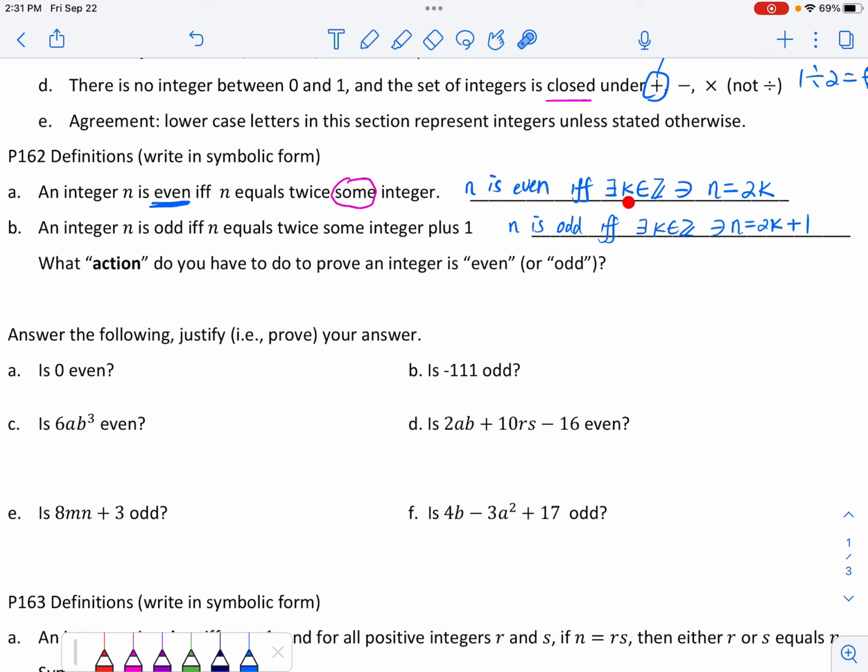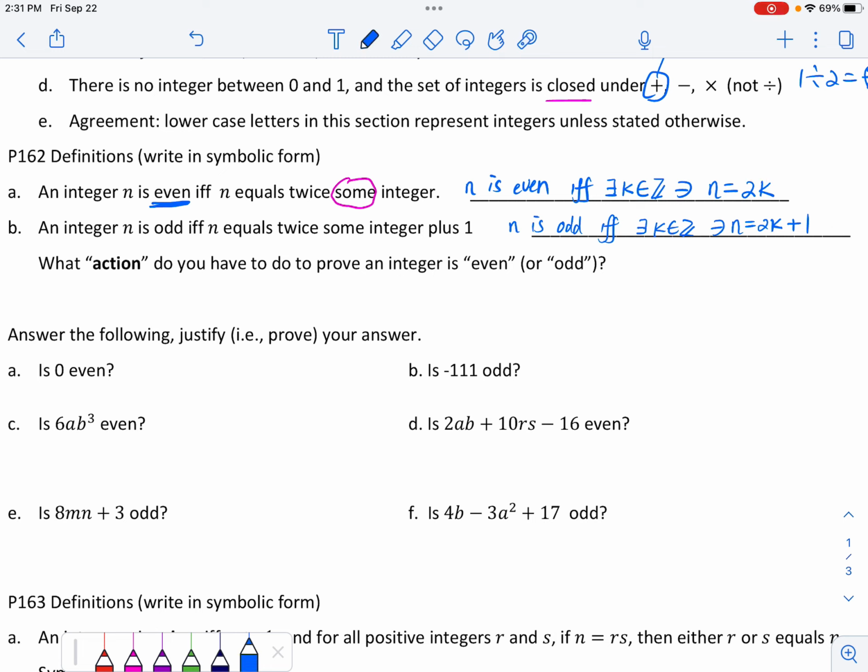That's the training that we received from last unit: how do we correctly interpret quantified statements? When we see there exists, that means your job is to look for this guy. So you look for a k so that n is equal to that result.